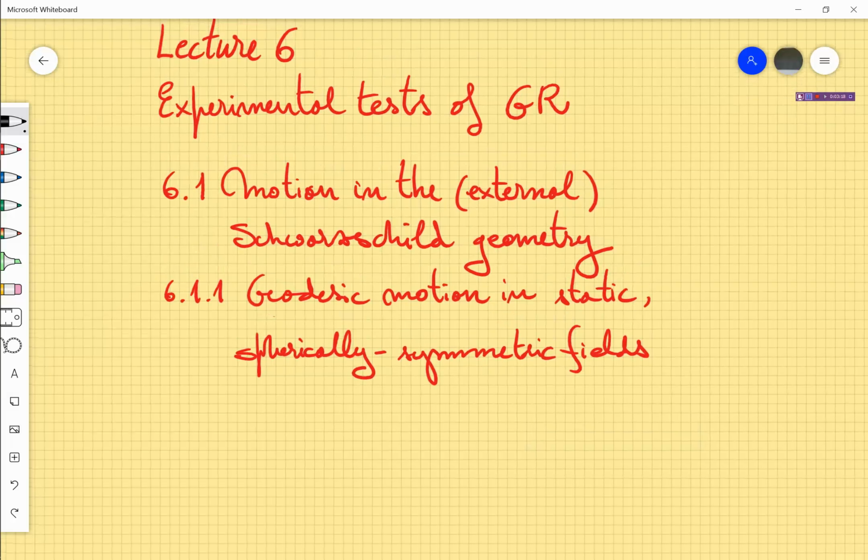We haven't studied any of those theories, and probably we are not going to, but there is a formalism that is very useful to parametrize the different predictions of families of these theories. So you don't need to study these theories per se. The only thing you need to study are the metrics that these theories predict, for instance, for static spherically symmetric fields or some other situations.